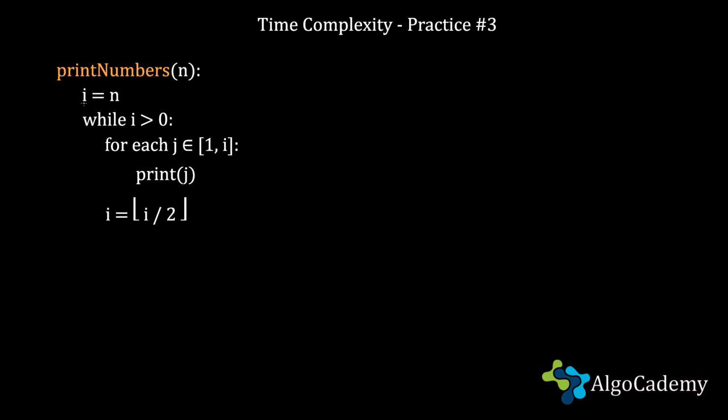First of all, I initialize i with the argument n, and as long as i is greater than 0, I make a for loop in which I take each number from 1 to i and I print it. Then after the for loop finishes execution, I divide my value by 2 and take the floor.